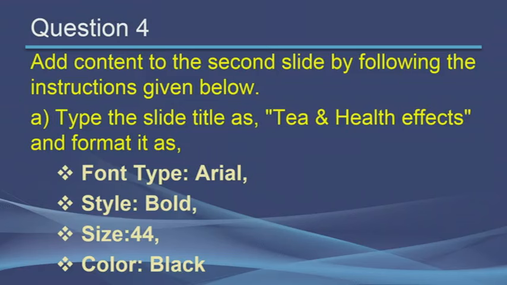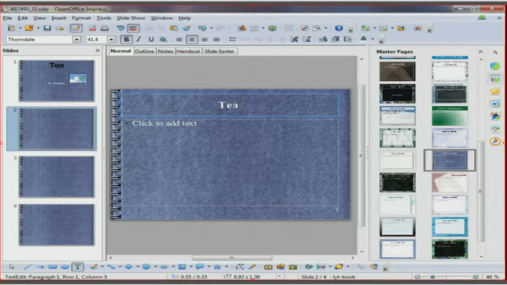Fourth question is add content to the second slide by following the instructions given below. Question A, type the slide title as T and Health Effects. So you can type T and health effects.